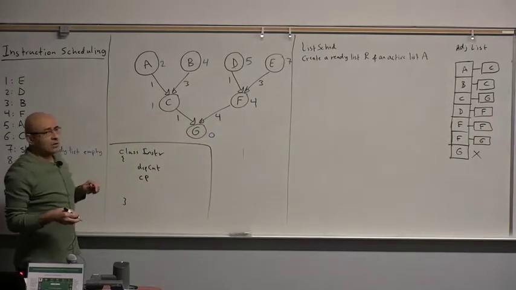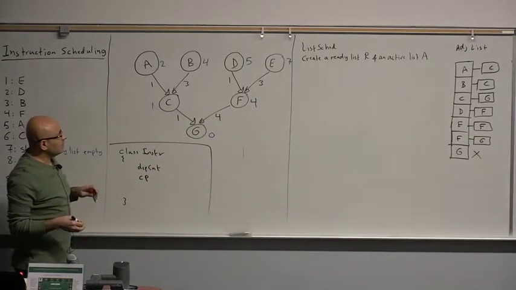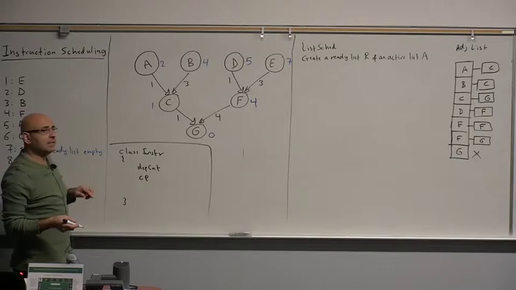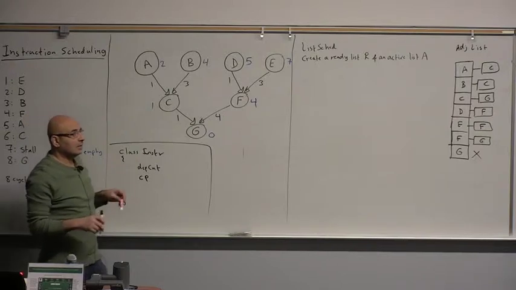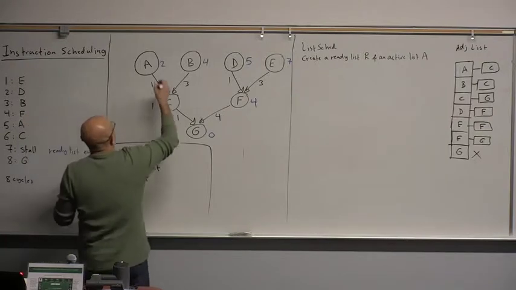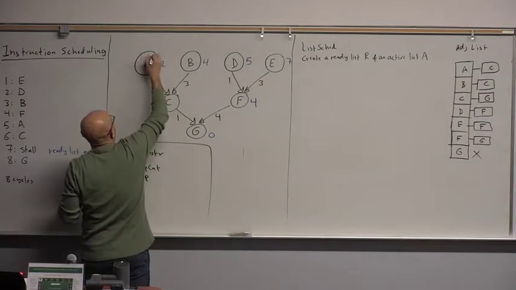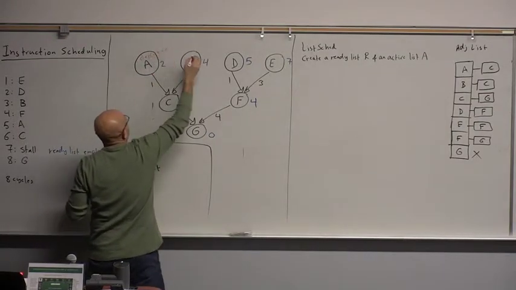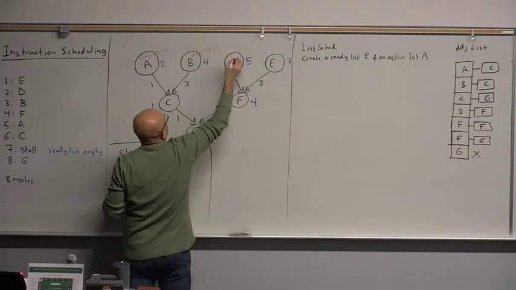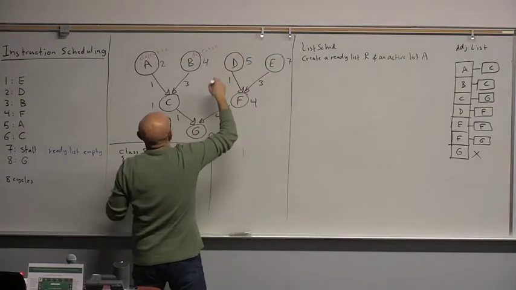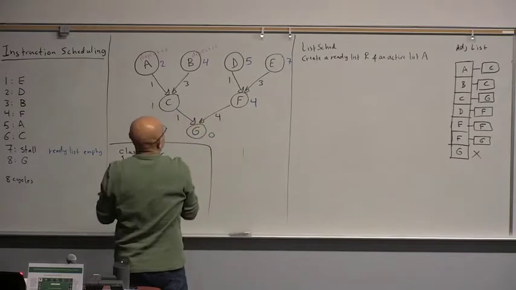Okay, so initially, what does the active list have and what does the ready list have? The ready list has nodes that don't have any other nodes pointing to them. Okay, so remember the dep count equals 0. So the nodes that have a dep count of 0.